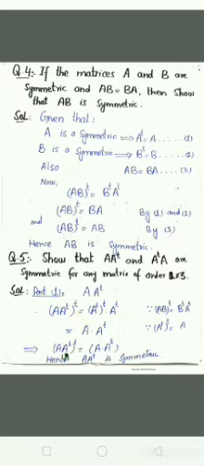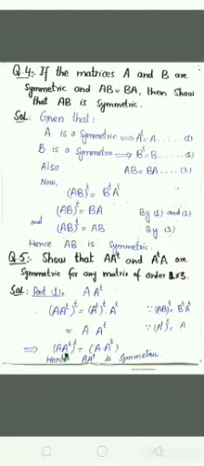These are two parts. If A is a matrix of order 2 cross 3, then A into A transpose will be a symmetric matrix, and also A transpose into A will be a symmetric matrix. So we solve part 1 here, which is A into A transpose.